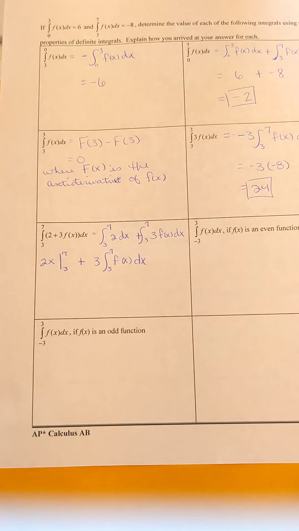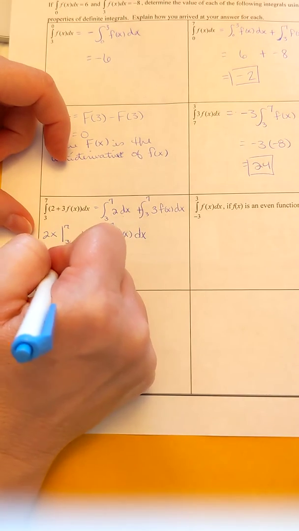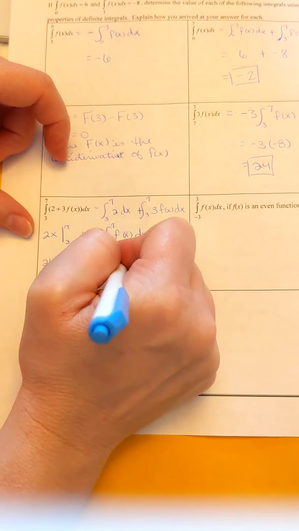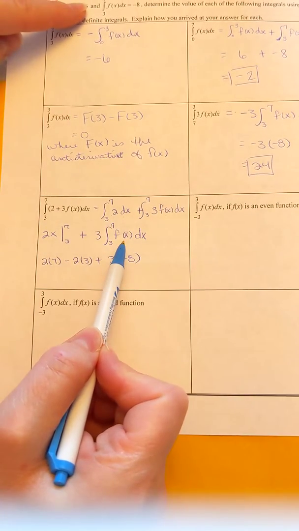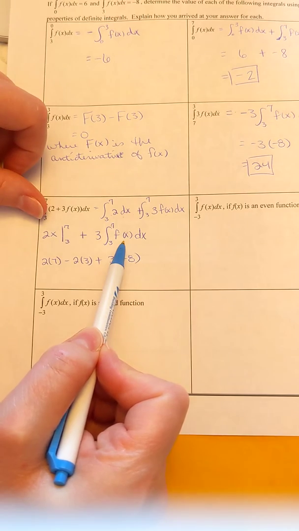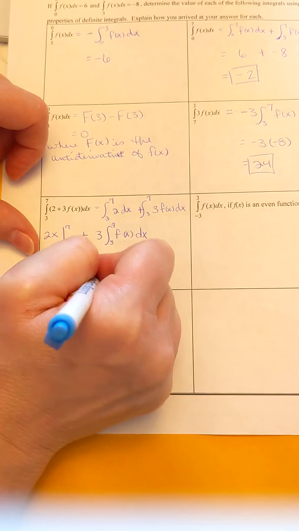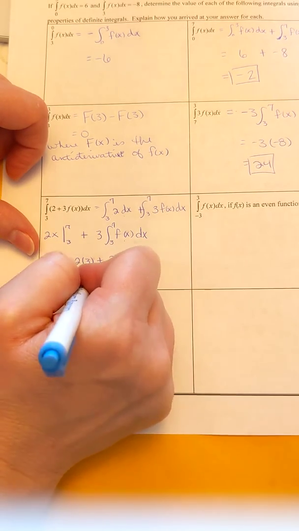That's not f of x. So this is going to be 2 times 7 minus 2 times 3 plus 3 times negative 8. Where'd you get the negative 8? Right up there. That in the directions will tell me that equals negative 8. So that's 14 minus 6 minus 24 for a grand total of negative 16.